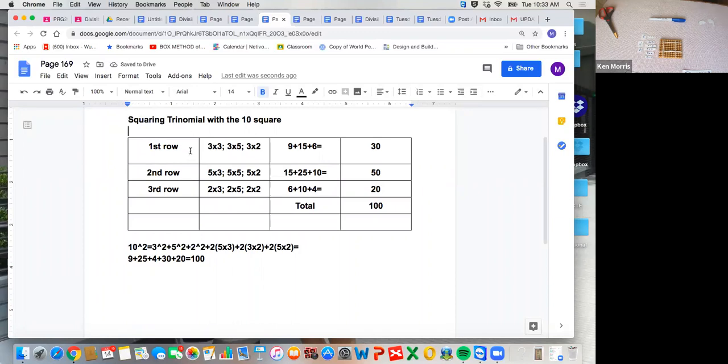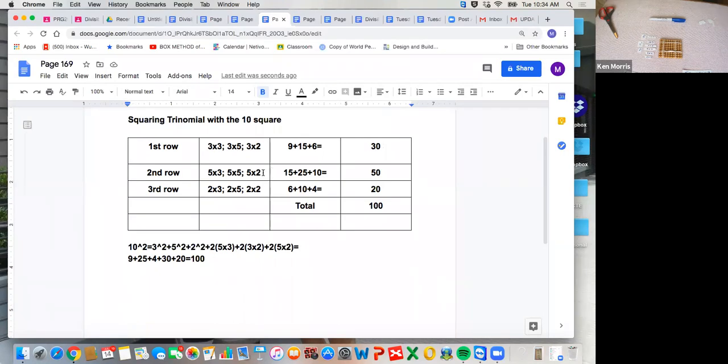So I've put all these pieces together. Okay, here is my first row, which is my 3 squared, 3 times 5 and 3 times 2. If I add those together, I get 9 plus 15 plus 6 equals 30.